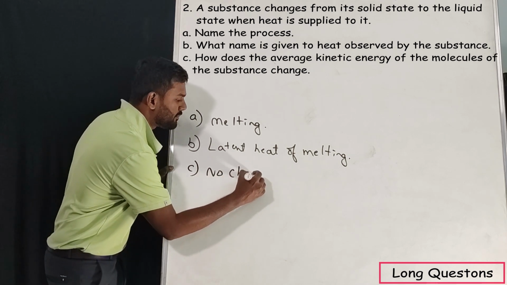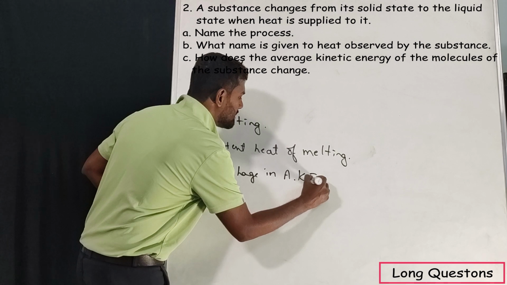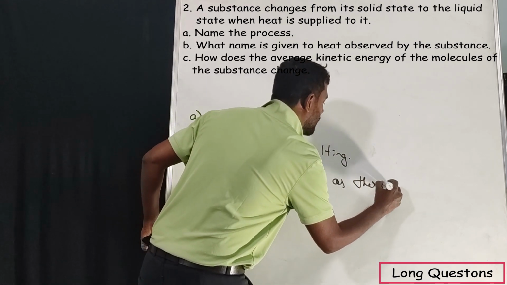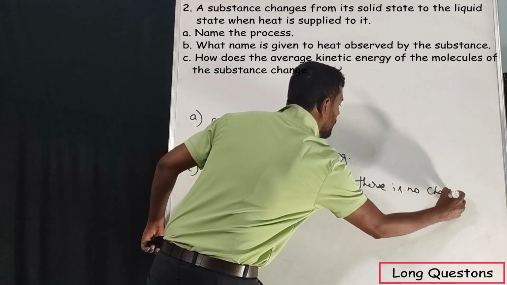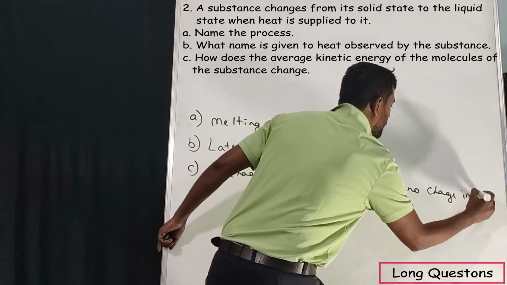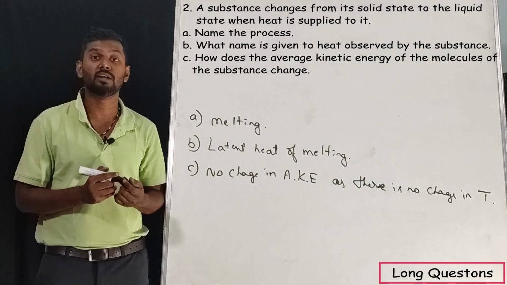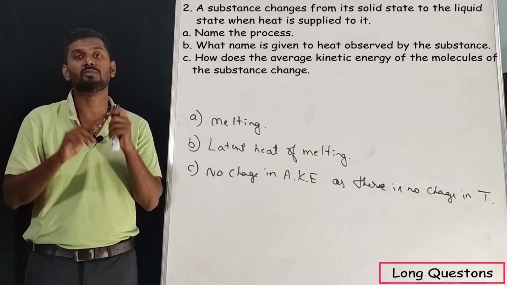No change in average kinetic energy, as there is no change in temperature. So these are the things we have learnt in the concept video. If you have seen it, these questions would have been very easy for you.